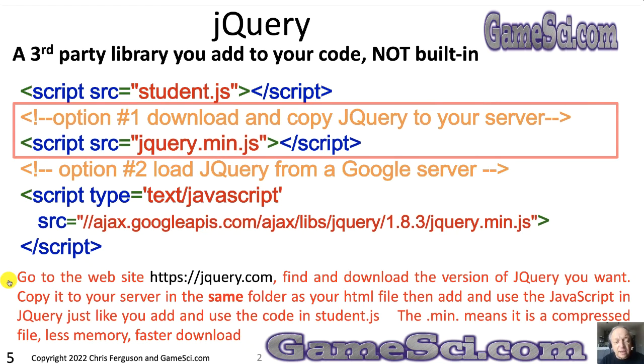Go to the website https://jQuery.com, find and download the version of jQuery that you want, copy that to your server in the same folder as your HTML file, then add and use the JavaScript in jQuery, just like you add and use the code in student.js. The .min means it is a compressed file. It'll use less memory and a faster download. On these third-party libraries, you always want the compressed version so it loads faster and uses less memory.